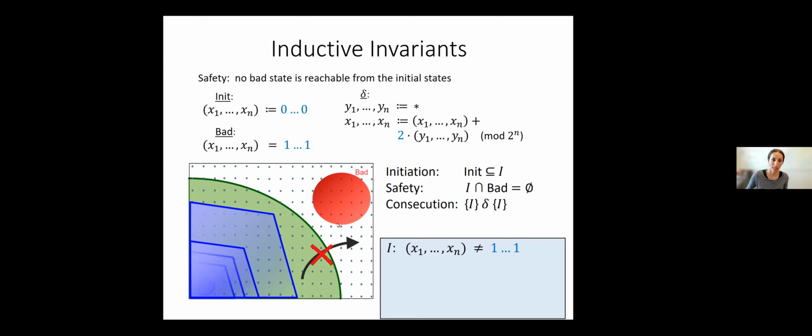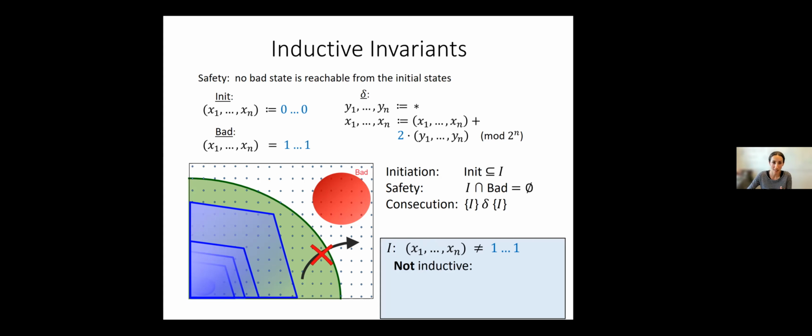So, for example, here we wanted to establish that we never reach a state where all the bits are 1, and we could take this as our candidate inductive invariant. So I can try to think of my inductive invariant as saying that the bits are never 1, 1, 1, 1. But if we do that, we can see that this is not an inductive invariant.